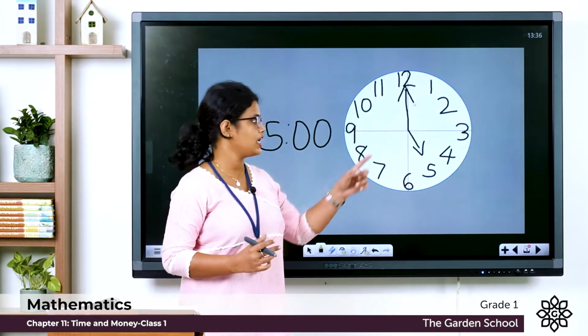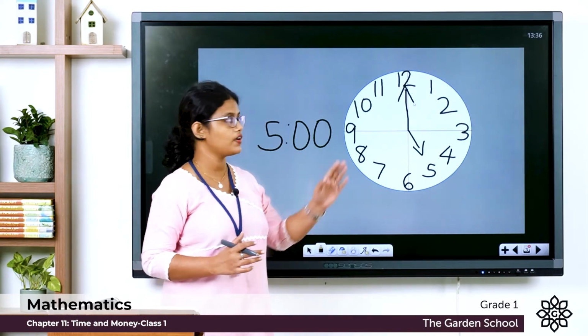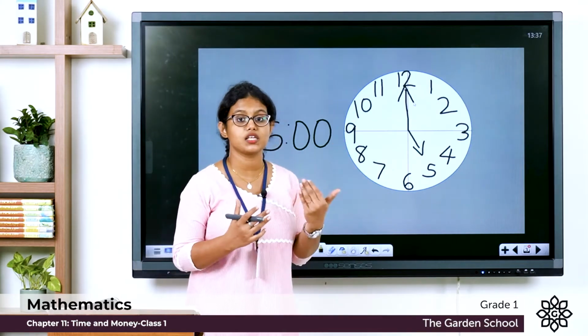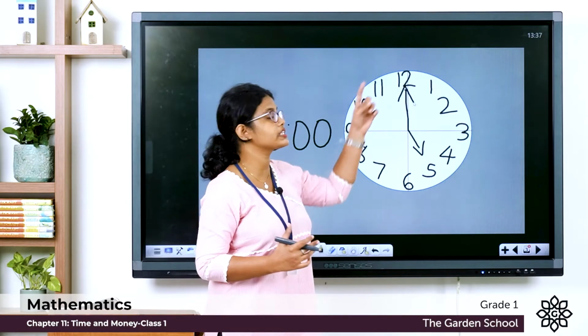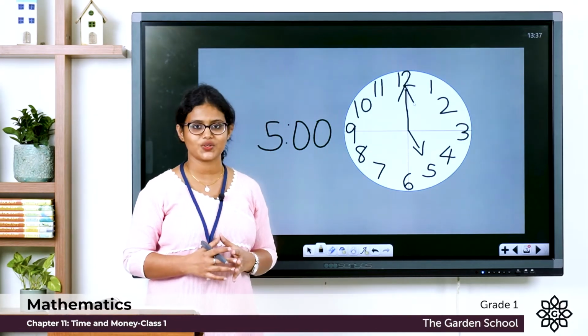Here you can see the small hand points to 5 and the minute hand, that is the long hand, points exactly to 12. So what time is it? It is 5 o'clock. Fine?